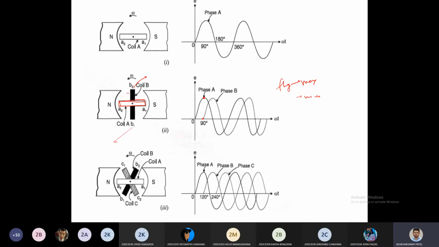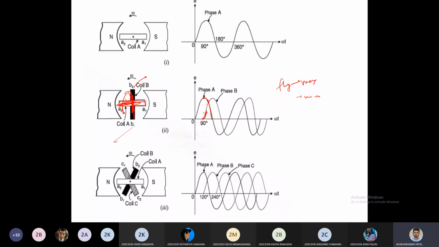Now if I try to rotate this, the flux will gradually increase in one and gradually decrease in the other. So EMF will increase in one and decrease in the other at the same time. At some point, B will be in this position and A will be in this position. Okay, the positions will be changed.